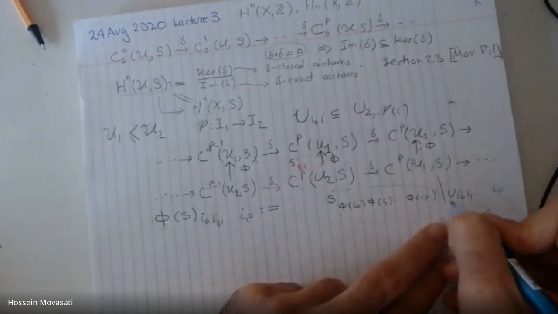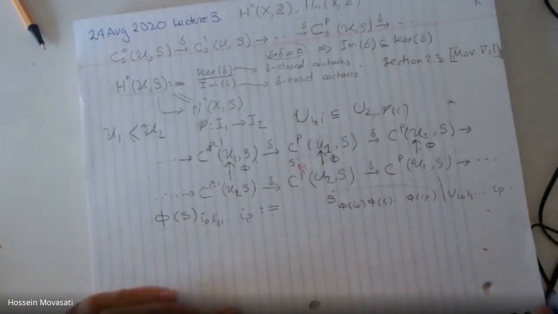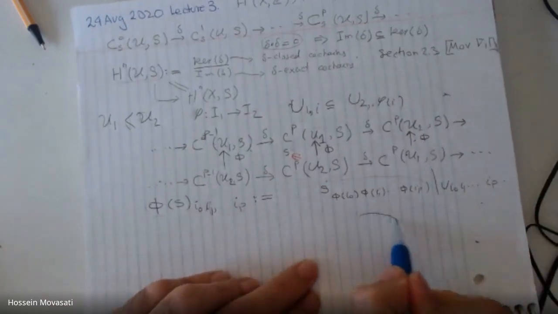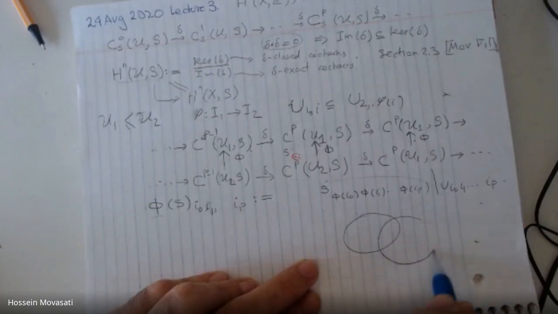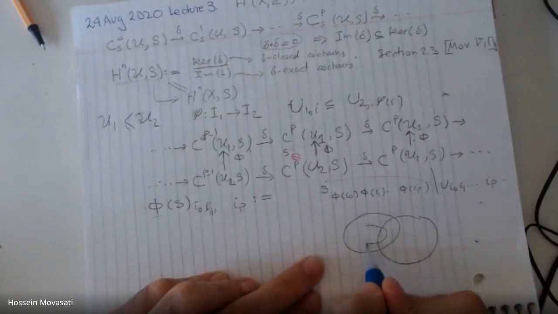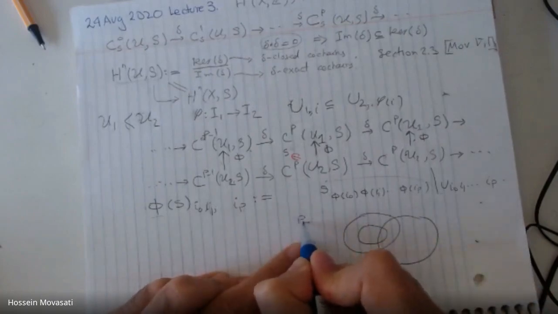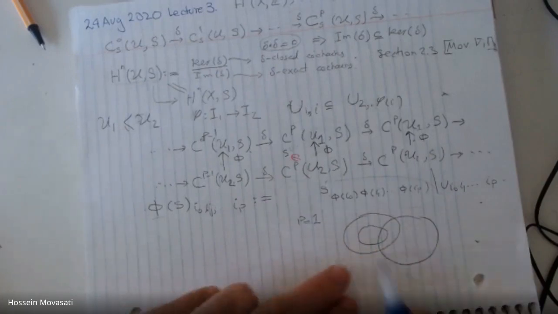This was just the intersection. If I want to make a picture for this, it is for p equal to, let's say, 1.